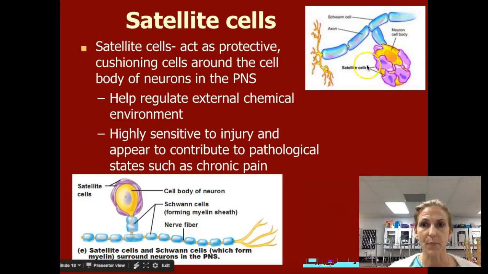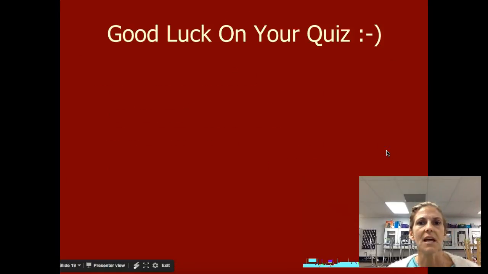So they're going to put a protective coating on the outside of the cell body so that it can be as safe as possible, let's say. Sometimes these do become injured and then they start to send lots of signals related to pain. So they're associated with chronic pain and nobody wants that.